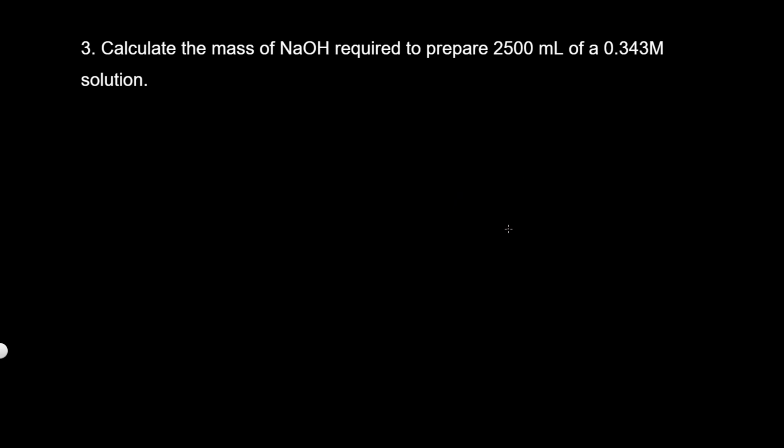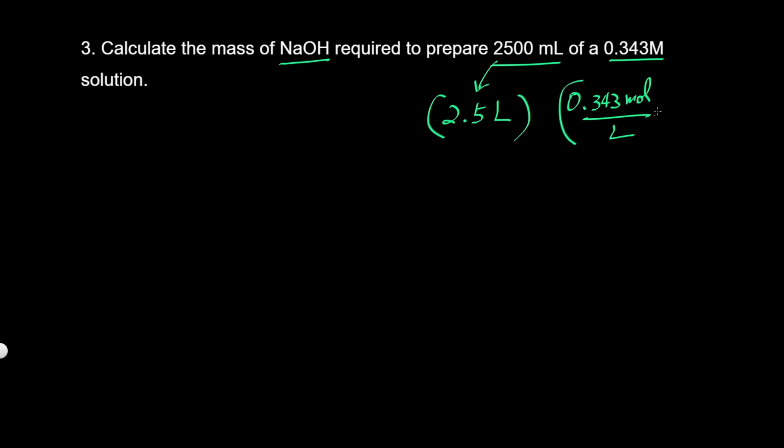Number 3 says, calculate the mass of sodium hydroxide required to prepare 2500 mL of that concentrated solution. So we're given, let's convert this into liters first, 2.5 liters. The concentration is 0.343, which is equivalent to moles of NaOH over liter of the solution. When you look at this, this is the amount, this is the concentration.